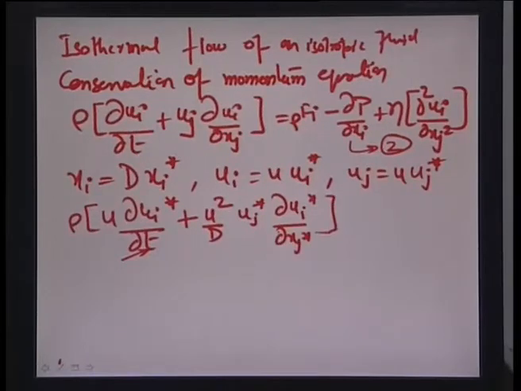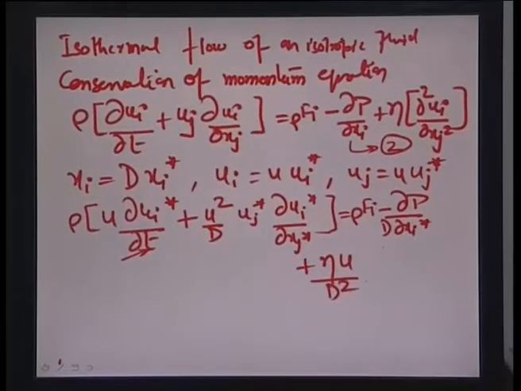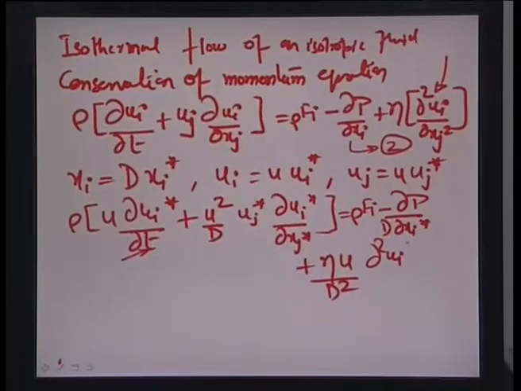That is how the LHS can be written, and it is equal to rho fi minus del p by del xi star into d. Plus eta, with u divided by d square, as this notation represents: del xj square is d square times xj star square. So you have del 2 ui star here and del xj star square here, and what comes out of the equation is eta u by d square.